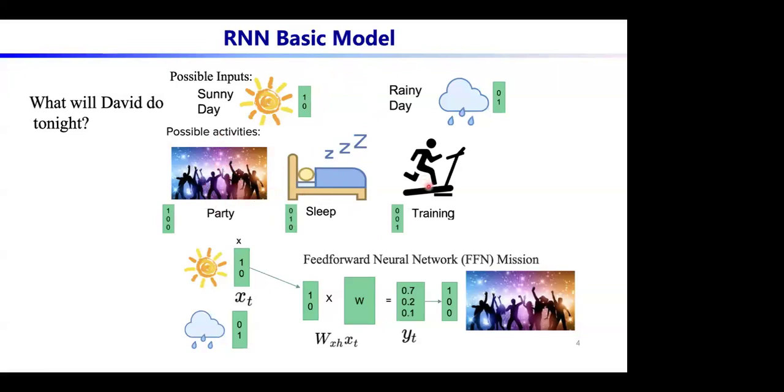So there's a relationship of today's activity and yesterday's activity. Of course, today's activity is also related to the local feature, that is the weather. So we have this time series relationship as well as the local.